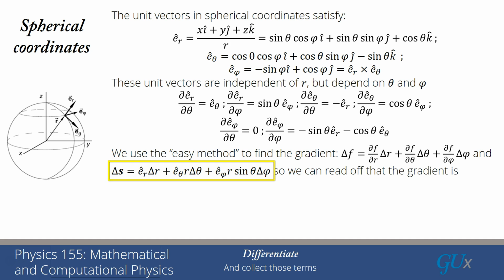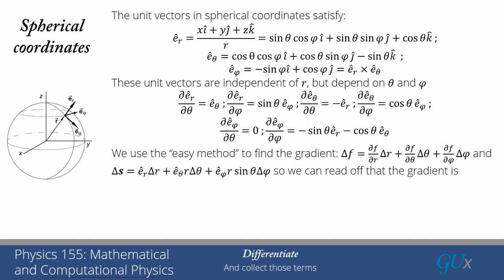Well, in the r hat direction, or the E_r direction, it changes by delta r. The change in the theta direction is going to be r times delta theta, because I'm pivoting on a circle that has a radius r, and the distance in the phi direction is going to be r sine theta delta phi, because the radius of that circle is projected onto the xy plane, so it becomes r sine theta.